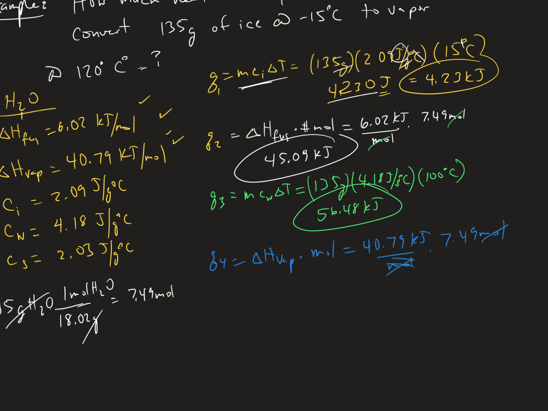And we get 305.52 kilojoules. Kind of a long process, right? And this is going to be the biggest one ever. I won't have you do one longer than this. But most likely it'll be going from a negative temperature to maybe 50 degree water, right?